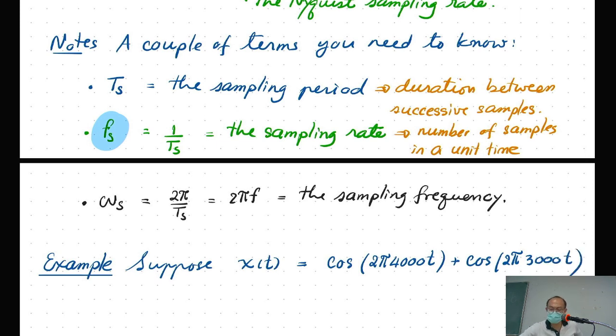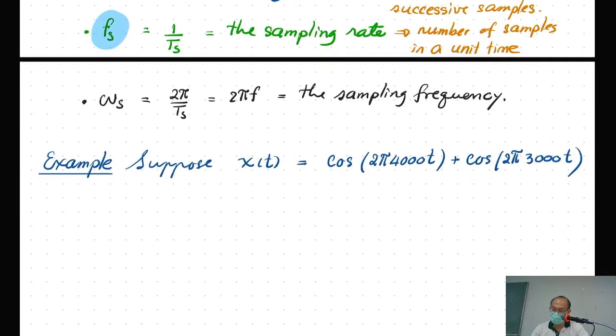Now, suppose we are given this signal. A, find the Nyquist sampling rate.